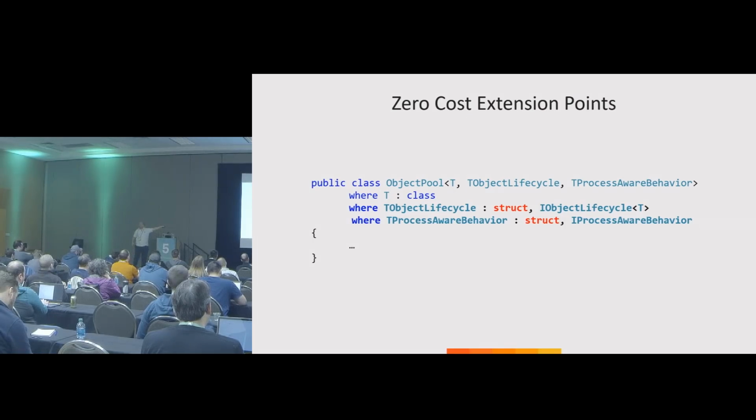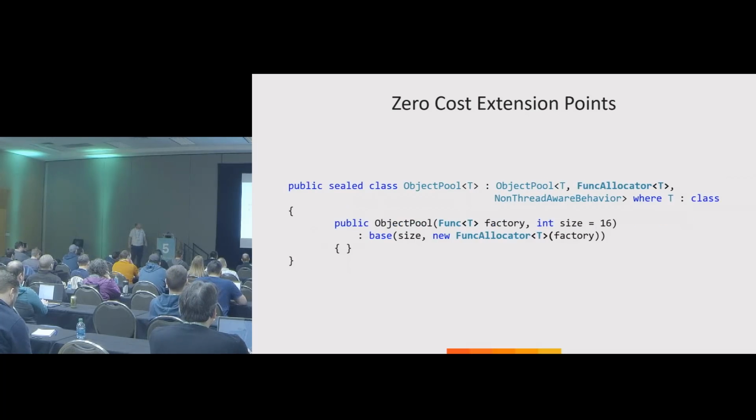So you can have a single object pool where you can say, this is going to run in a multi-threaded space, so let's pay for the cost. Or, this is going to be single-threaded, so why would I pay for all the synchronization that can happen? We don't care.